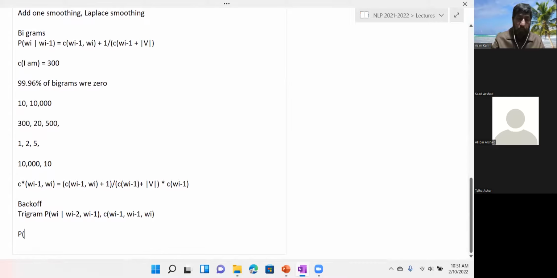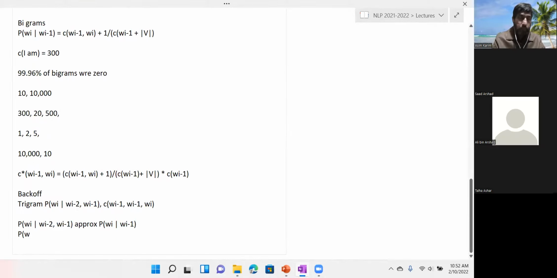We wanted to estimate probability of Wi given Wi minus 2 and Wi minus 1. You approximate it with the lower order, probability of Wi given simply Wi minus 1. So you have dropped one context. So back off to the previous. Or even if this is too small, you can back off to the unigram, so simply probability of Wi.